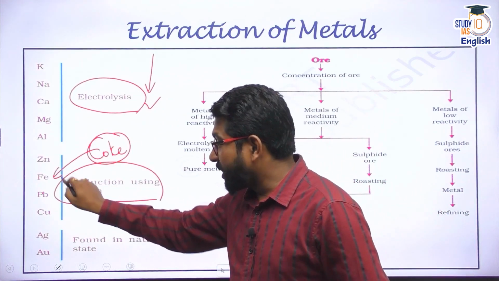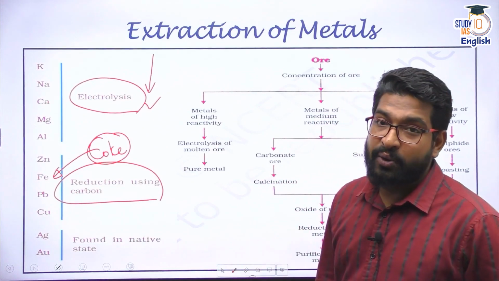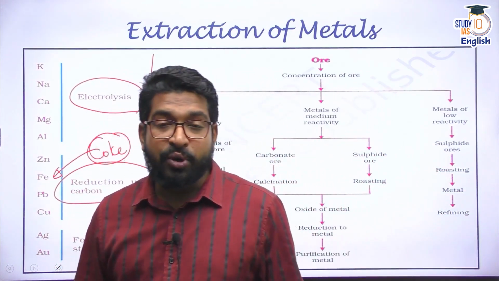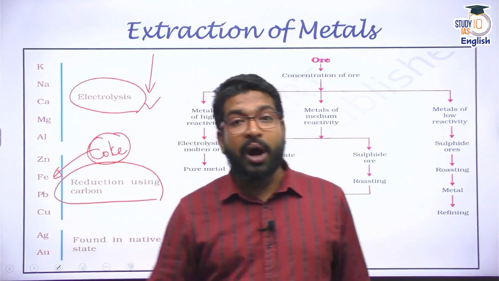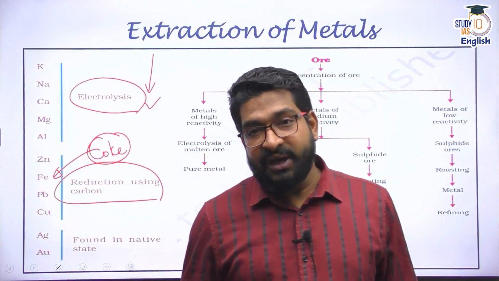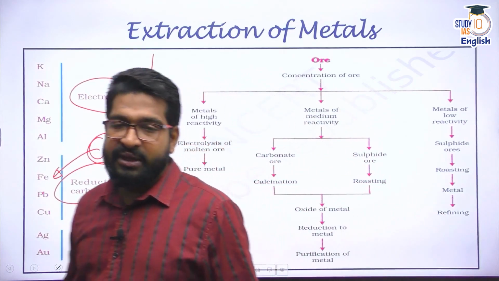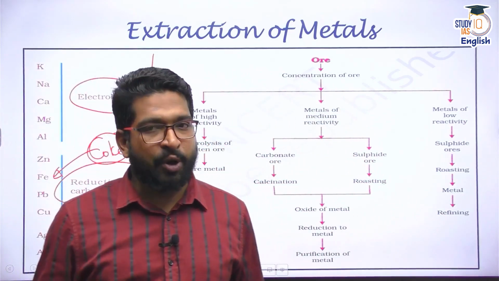I am talking about iron specifically. How do you produce iron? Iron is produced by smelting of iron ore, by reducing it using high quality coke. Apart from that, if they are highly unreactive, they can be found in their purest form as well.